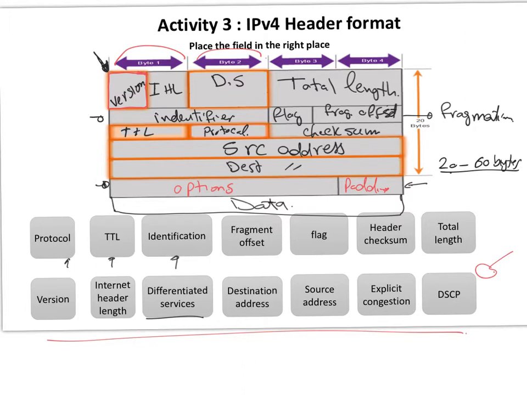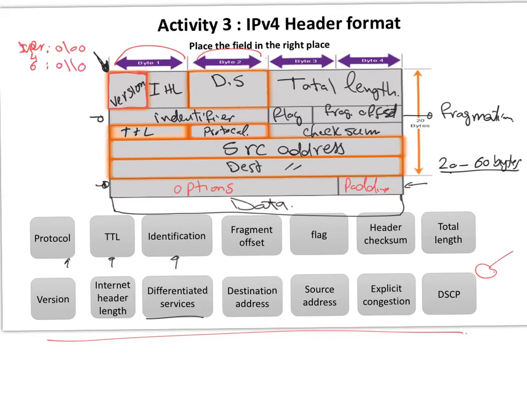But here the version has only 2 choices. So either IP version 4, so the version field would have 4, which is 0100. For IP version 6, so this is 4. For IP version 6, it would be what?